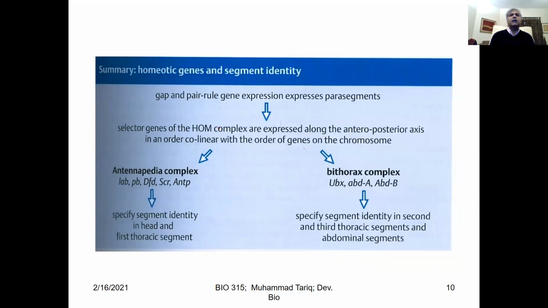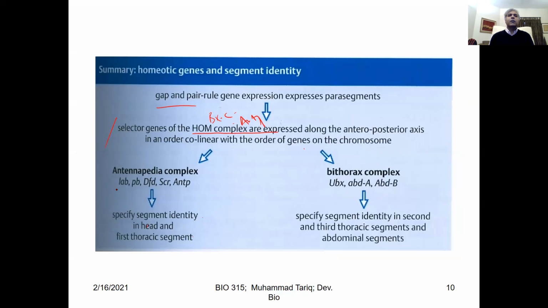So we have the gap genes, pair-rule genes, etc. Then we come to the selector genes of the homeotic complex. We talked about the bithorax complex. We talked about the antennapedia complex, their collinearity, their expression pattern.